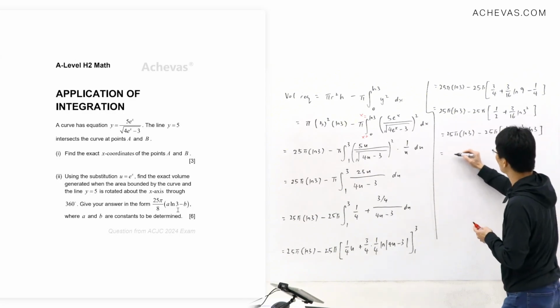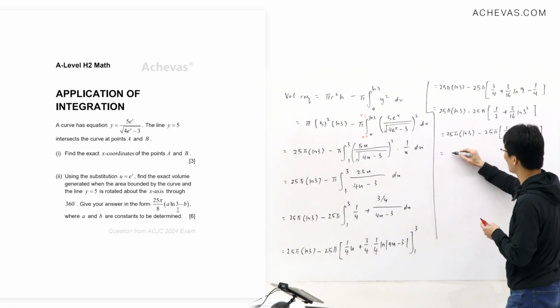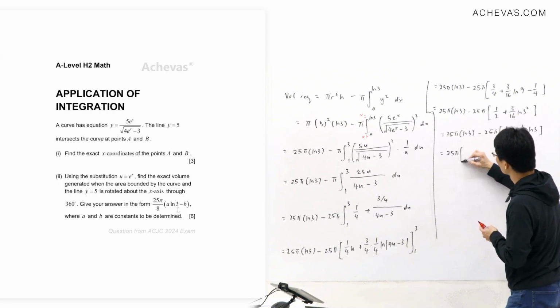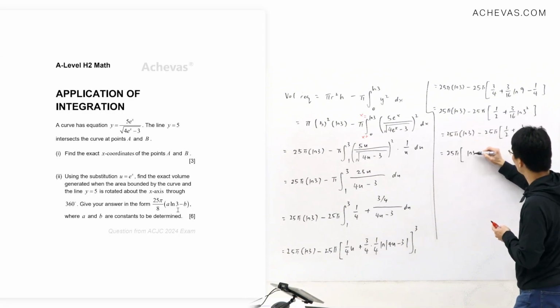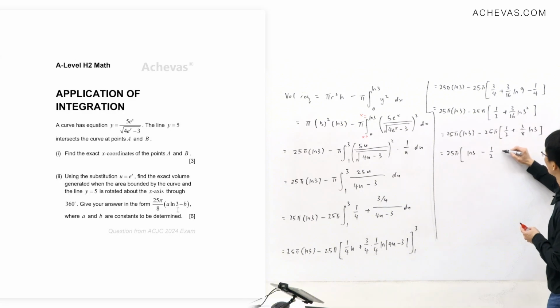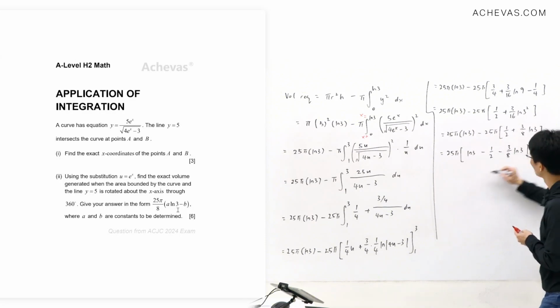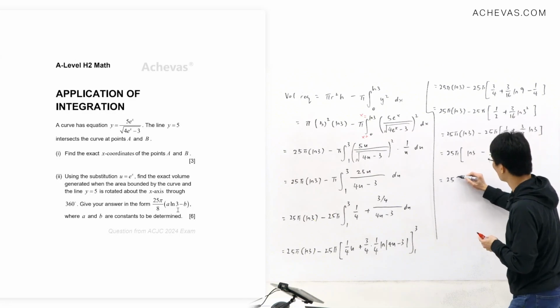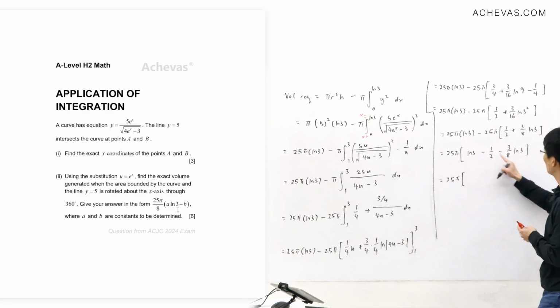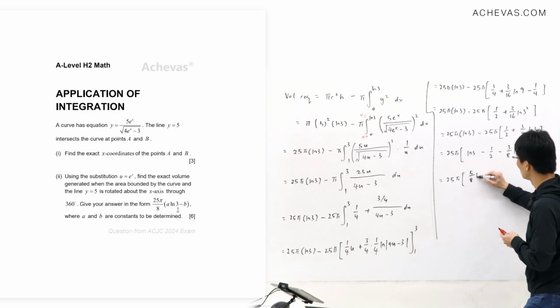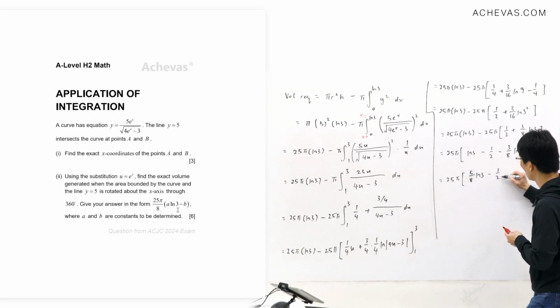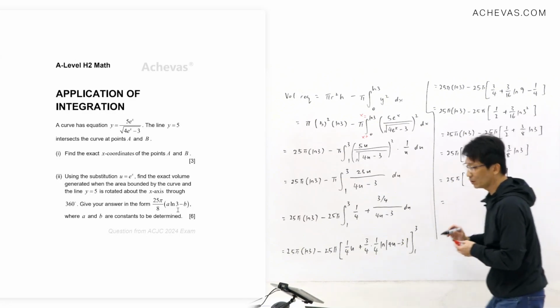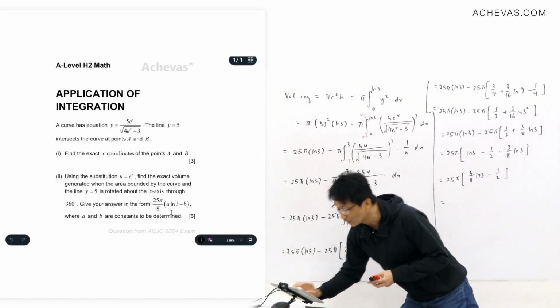Okay, so factorizing out the 25 pi, I will be left with ln 3 minus half, minus 3 over 8 ln 3. So here I will get ln 3 minus 3 over 8 ln 3 gives me 5 over 8 ln 3, minus half. So the final expression they want is 25 pi over 8.